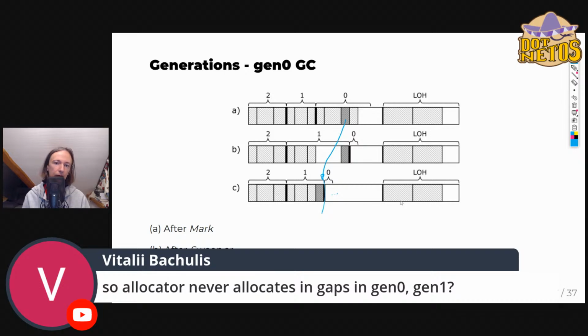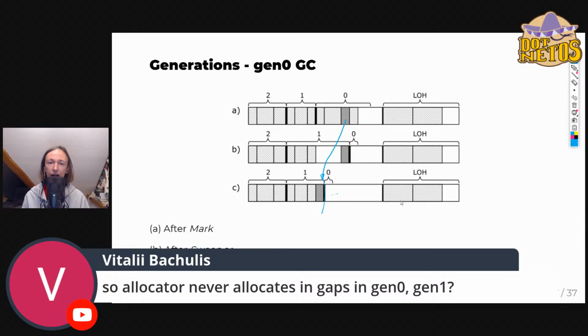If you recall, and if you haven't watched, you should watch the allocations webinar, before the GC is triggered, we try to find the space for a new allocation context, and it means we will use the allocator for that. We will try to find a gap inside Gen 0 big enough to fit the new allocation context there.